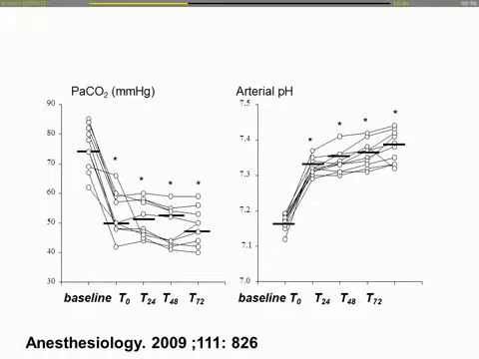Because he had just shown in a paper published in the American Journal of Respiratory and Critical Care Medicine that even in ARDS, when patients are ventilated at 6 milliliters per kilo, some 30% of them get hyperinflation and a high risk of ventilator-induced lung injury.